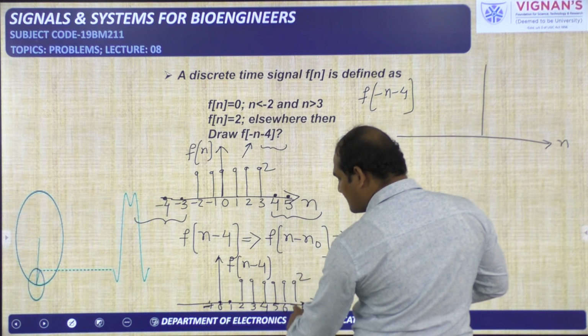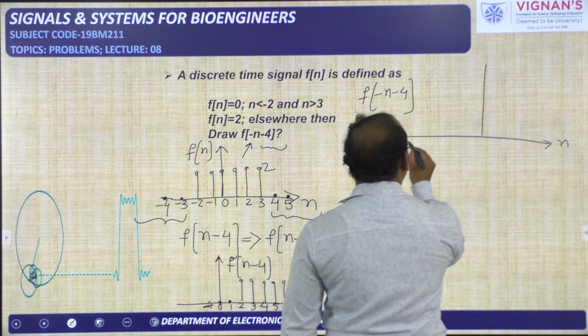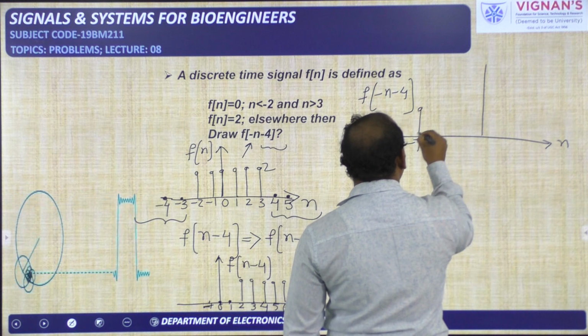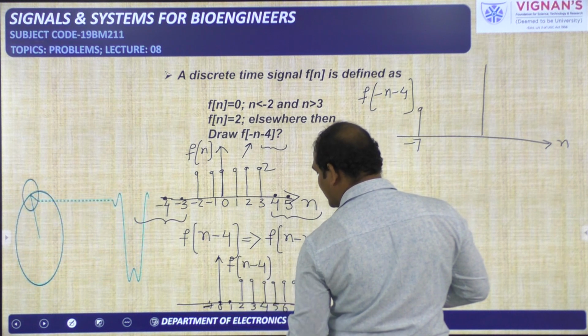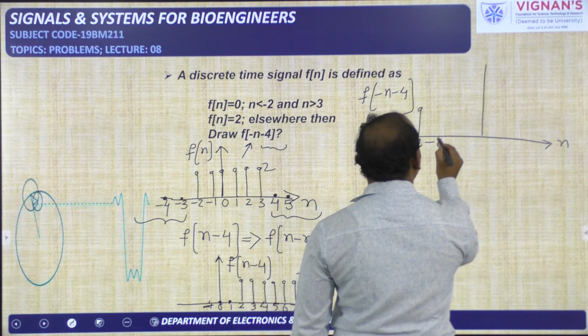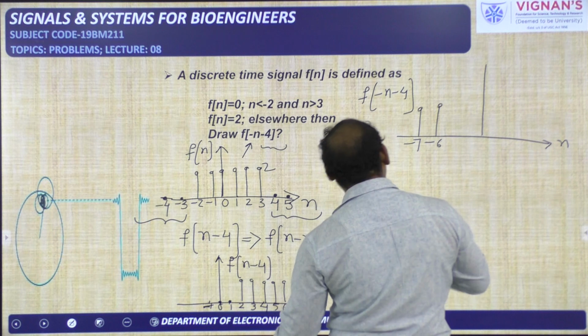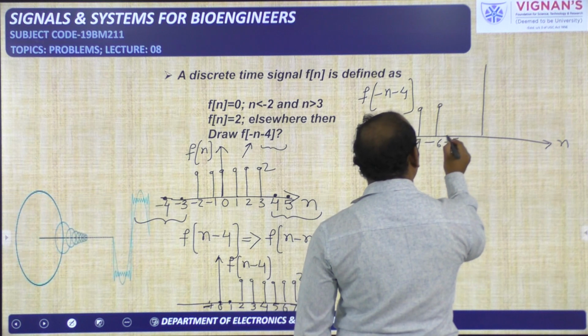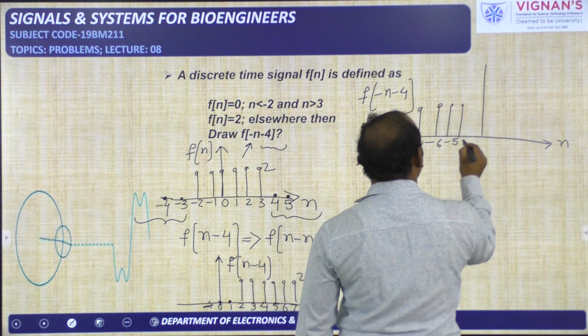Whatever sample is available at n is equal to 7 will be available here at -7. The sample which is at n is equal to 6 in this signal will be available at -6 in the time reversal version. The sample at n is equal to 5 will be at n is equal to -5. The sample at n is equal to 4 will be at -4.